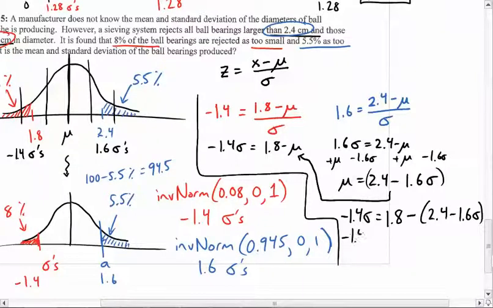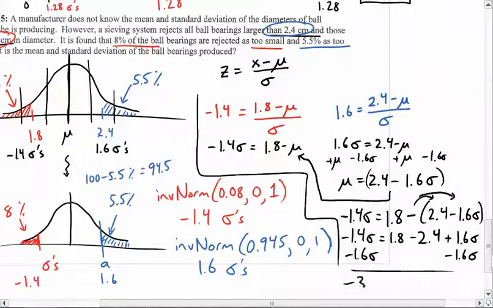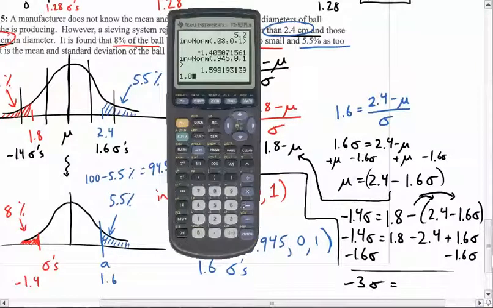So I'll expand the negative sign, which will change the second term to positive. Now I'll move all my numbers onto one side and all my sigmas on the other. Maybe I'll subtract 1.6 sigmas on both sides, and that gives me negative 3 sigmas is the same as 1.8 minus 2.4, which is negative 0.6.